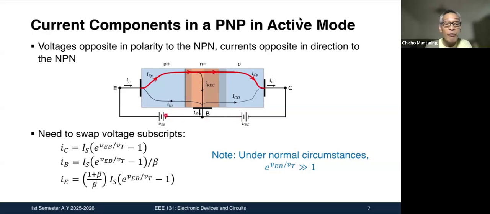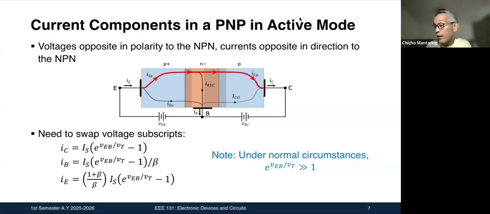So note the polarities of the voltages that we apply to make your PNP in active mode are opposite the polarities that we apply for an NPN to make it active. As a result, you will have currents that flow opposite in direction to your NPN. So IE now will be inward, and IB and IC will be outward.